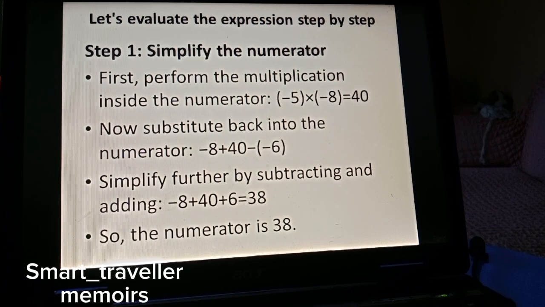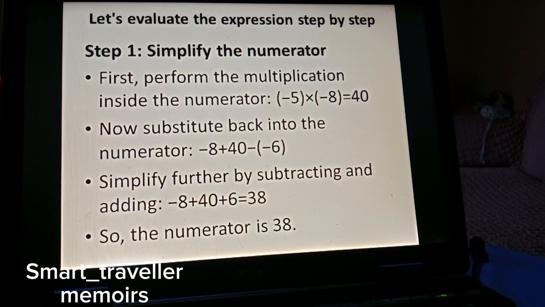Step 1, simplify the numerator. First, perform the multiplication inside the numerator. Negative 5 times negative 8 is going to be 40, because when you multiply two numbers with like signs, negative or positive, the answer is always positive.